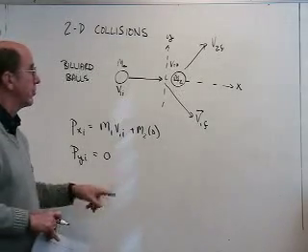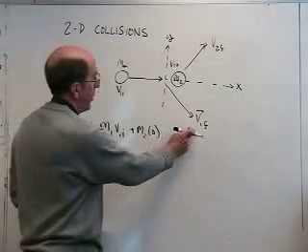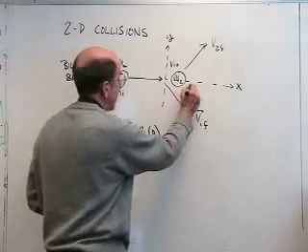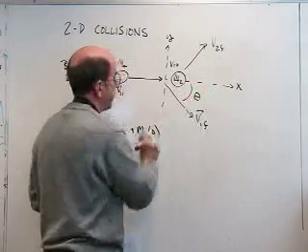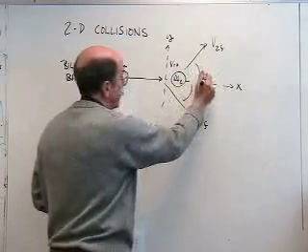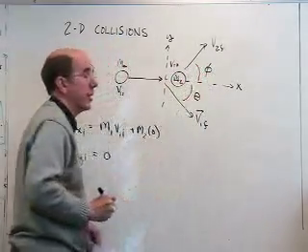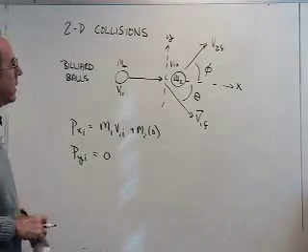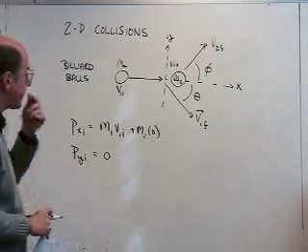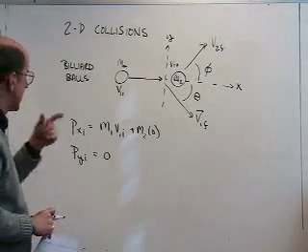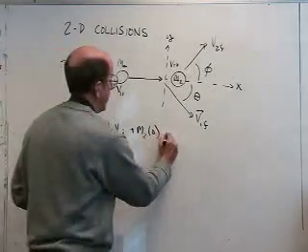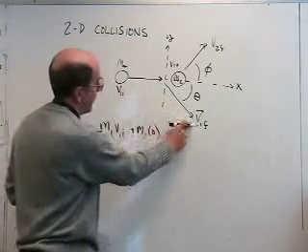Now, after the collision, one ball is going off at a velocity v1 final, and I'll call that angle theta. And I've got another ball going off at velocity v2 final, and I'll call that angle phi. Each of those has components in the x and y direction. So let's take the x direction first. After the collision, m1 is going down like this.